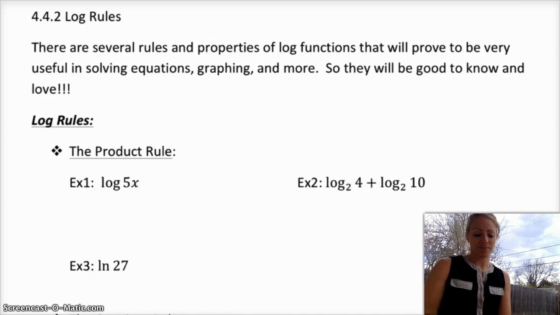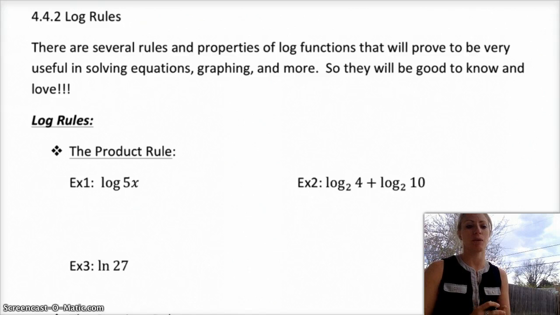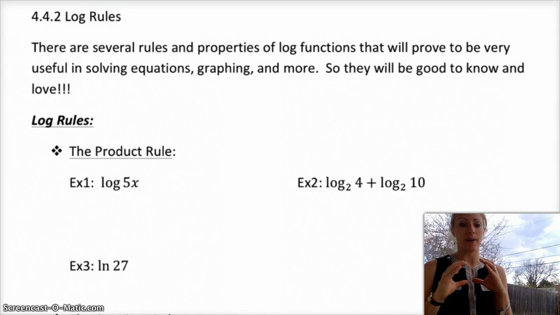Log rules. The product rule is really kind of funky, and they're all kind of funky. But basically what the product rule says is that if you have a product inside the log, and only a product inside the log, then you can split that up as two separate logs with addition.